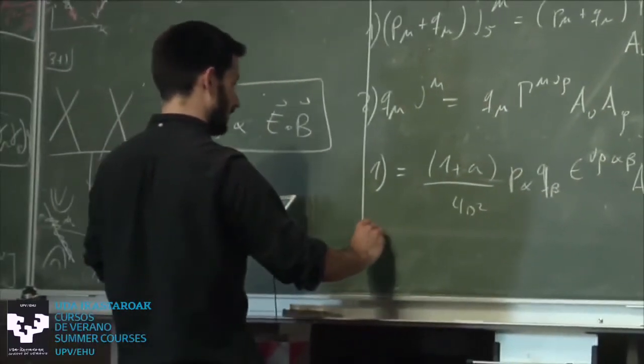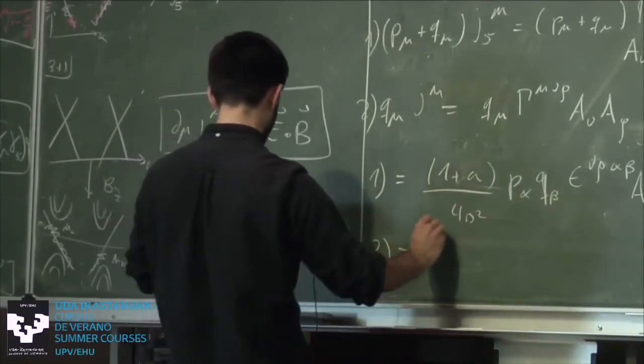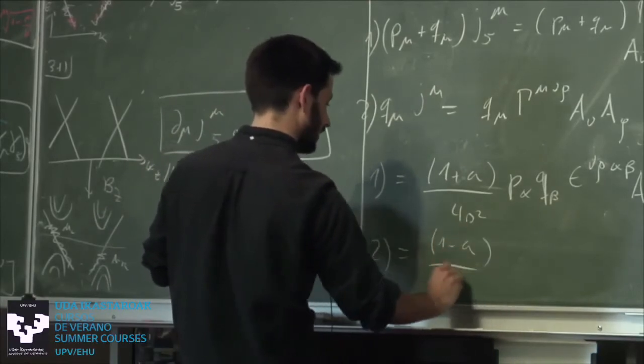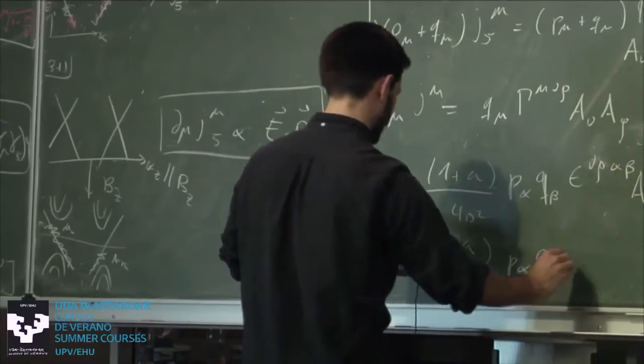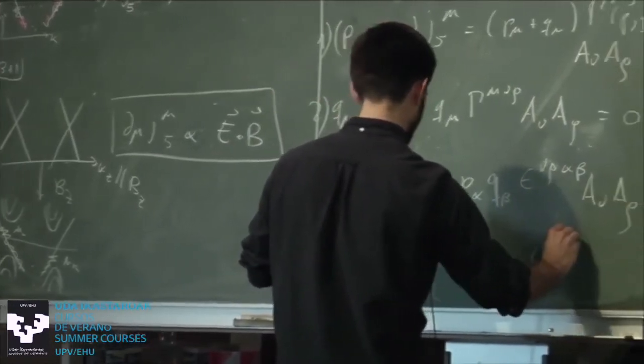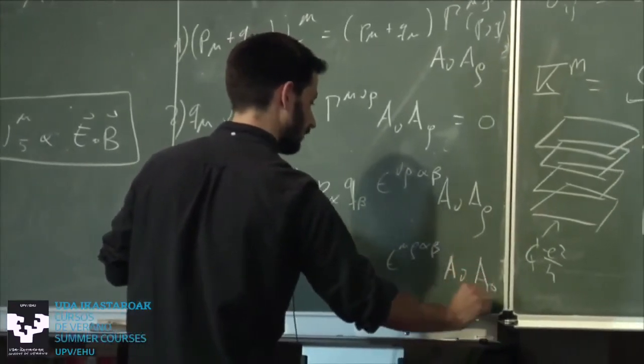And the second one is 1 minus A, P alpha Q beta epsilon mu rho alpha beta, and then again mu and rho.